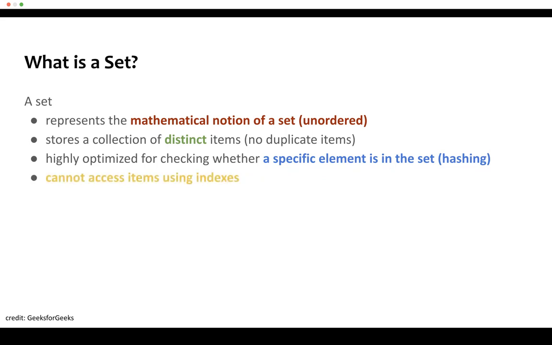And because a set is unordered, we cannot access items using indexes, all right? So these four characteristics are the features of sets.